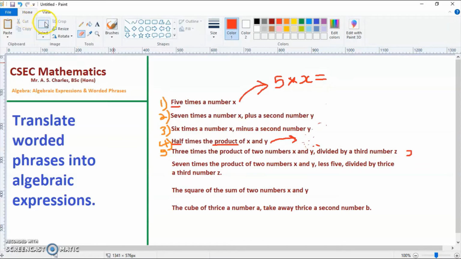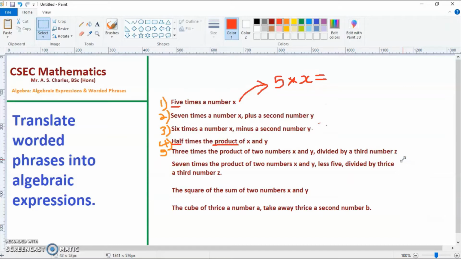So we have 3 times the product of two numbers x and y divided by a third number z.